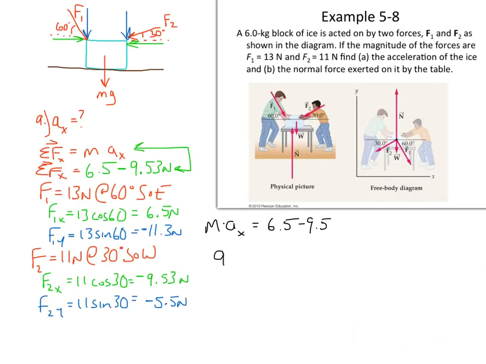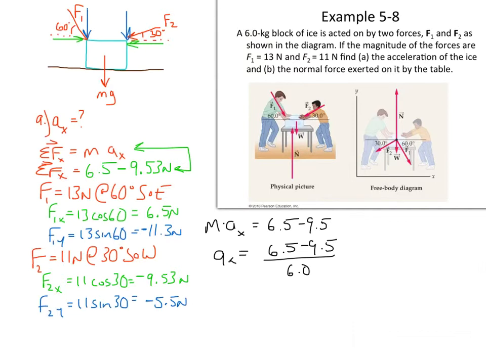So therefore the acceleration in the x direction is going to be 6.5 minus 9.5 divided by the mass of that block of ice. What is the mass of the block of ice? 6 kilograms, right? 6 kilograms right there. 6.0. This will give us our acceleration of the block.